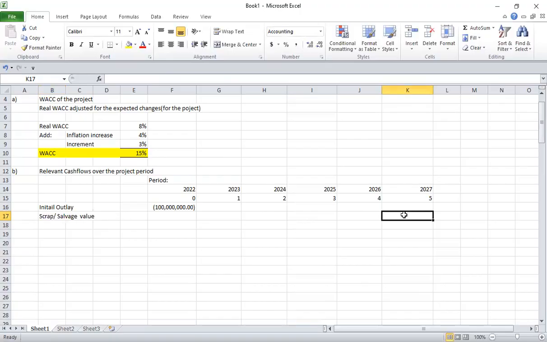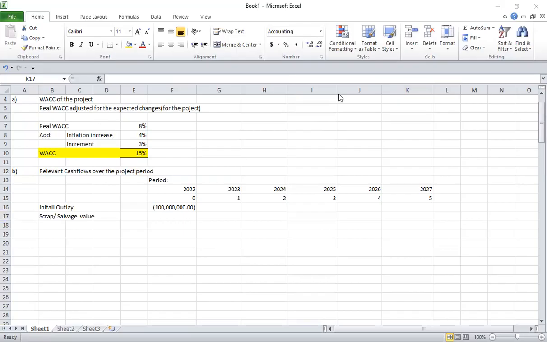Now, as a cash flow, is the salvage value normally a plus or a minus? Is the salvage value a positive cash flow or a negative cash flow? Yeah, so Brian says in the chat that again, that's positive.